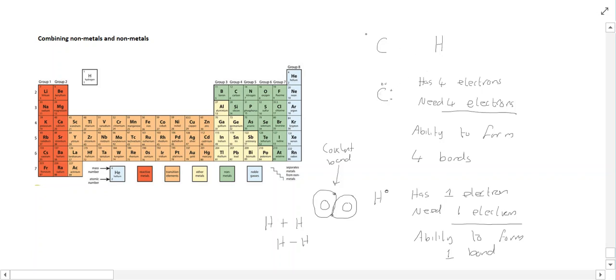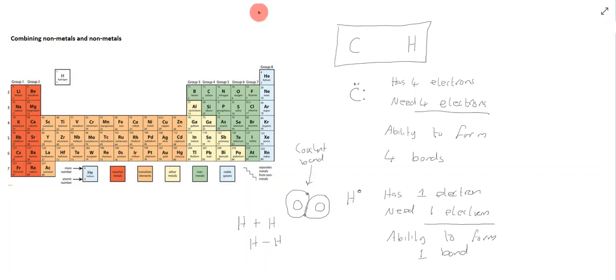So let's go back to this. Let's say we have carbon and hydrogen, and we're trying to figure out from the periodic table, if we combine carbon and hydrogen, what's the ratio? How many carbons will there be for every hydrogen, or how many hydrogens for every carbon? Carbon needs 4 electrons in its outer shell.